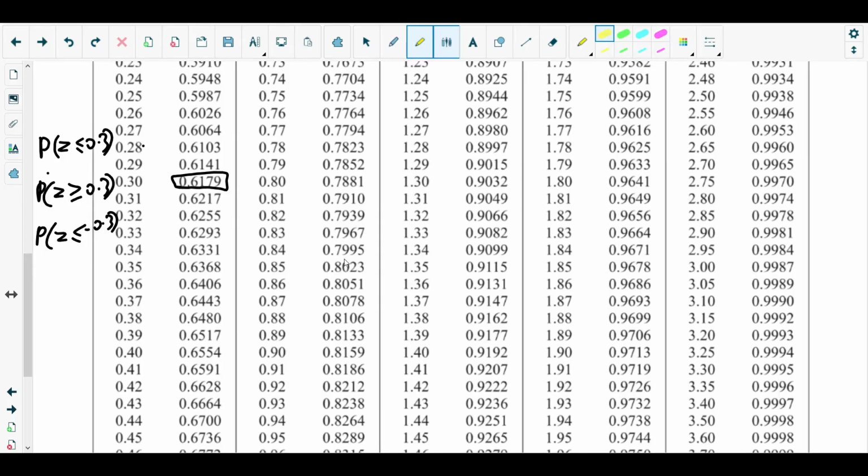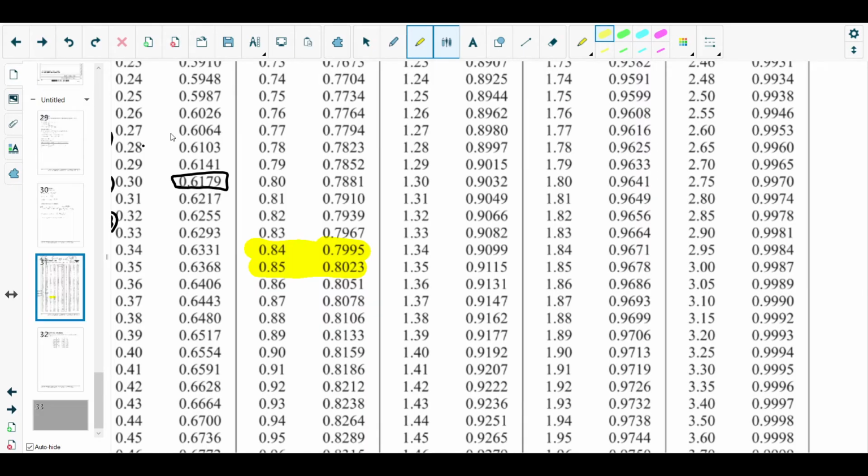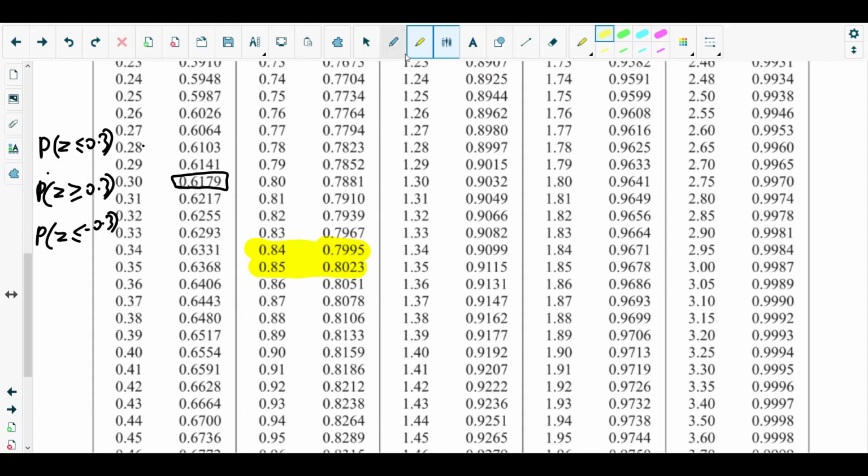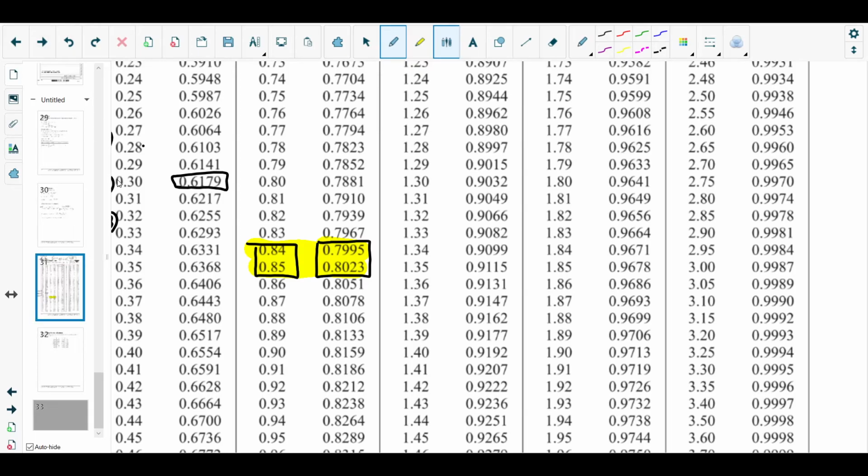Either this one or that one. Which one is closest? Definitely 0.84 is the closest, so you can consider 0.84. The first column shows the standard values, and the second column shows the probabilities.